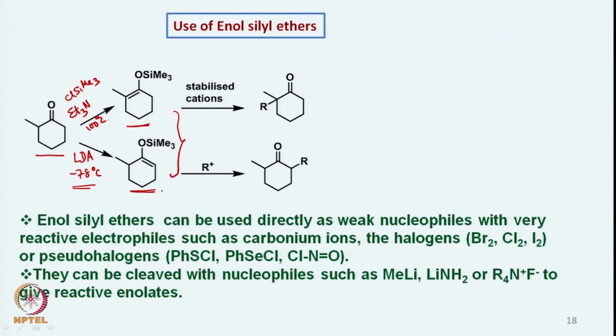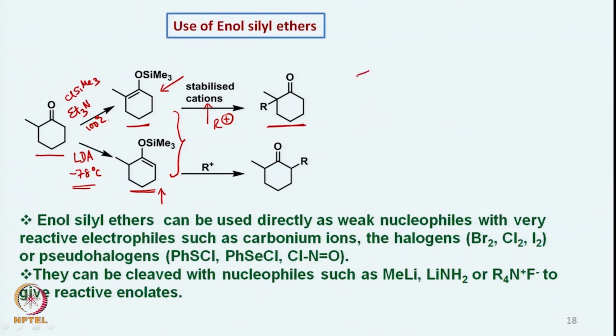One is under kinetic conditions and this is under thermodynamic conditions, and then we can react with electrophiles, particularly these electrophiles need to be R plus, that means they are cationic in nature, and then we have the formation of the corresponding CC bond here.